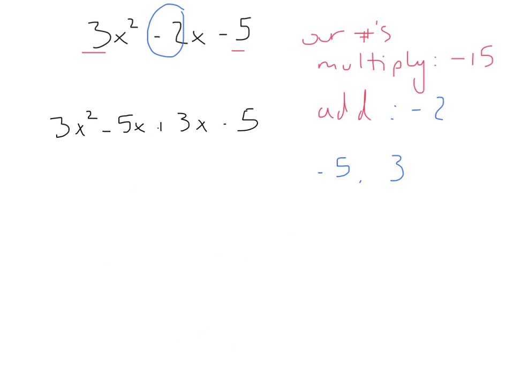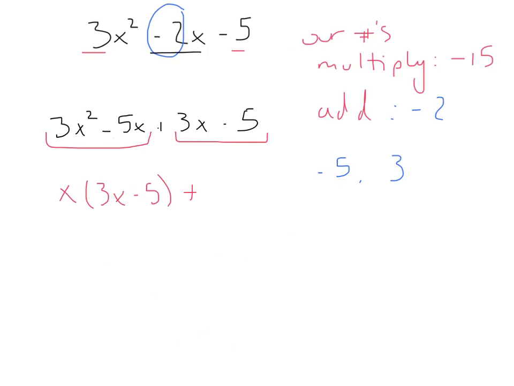So you can see these are really just the same thing, because negative 5x plus 3x is negative 2x. And now I'm prepared to factor by grouping. I will take a look at the first group and the second group. Say what's in common with the first? Well, I've got an x in common with the first. So I've got x times 3x minus 5.